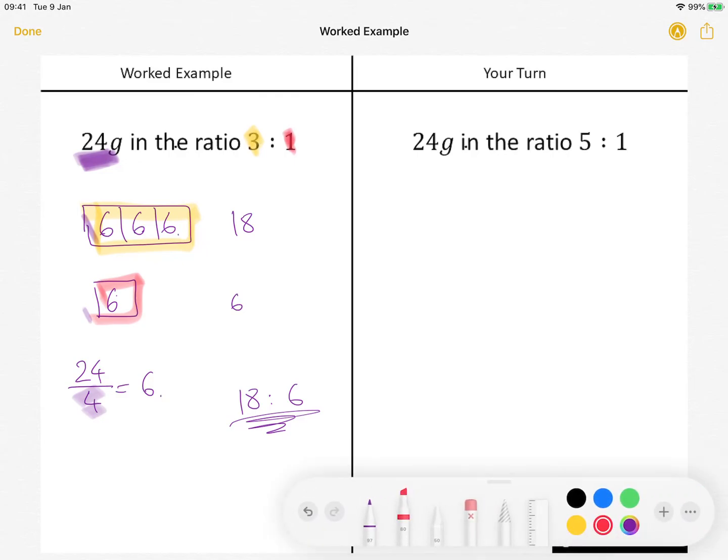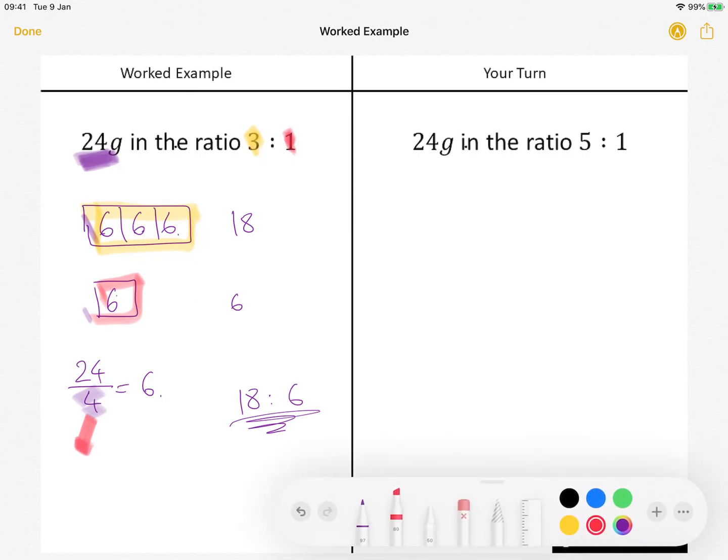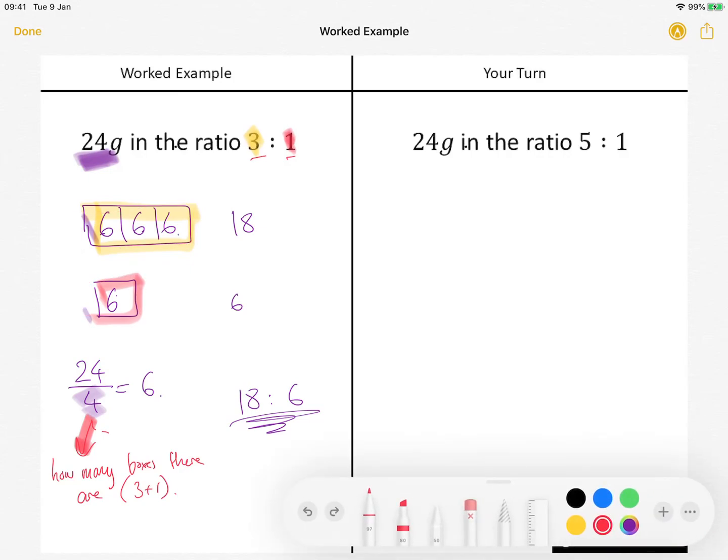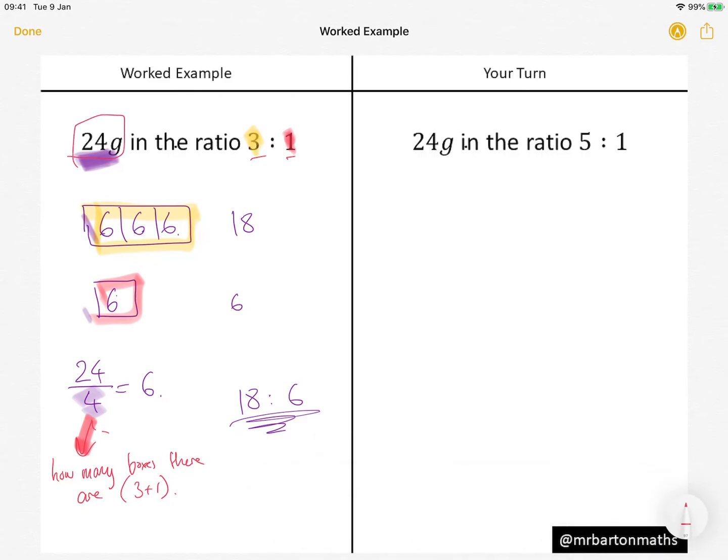I'll just add how many boxes there are. So that is 3 plus 1, because there's 3 boxes here and 1 box here. So 24 came from the total that I'm sharing.